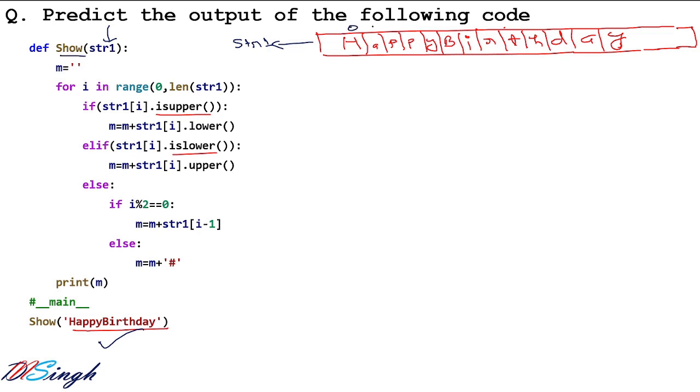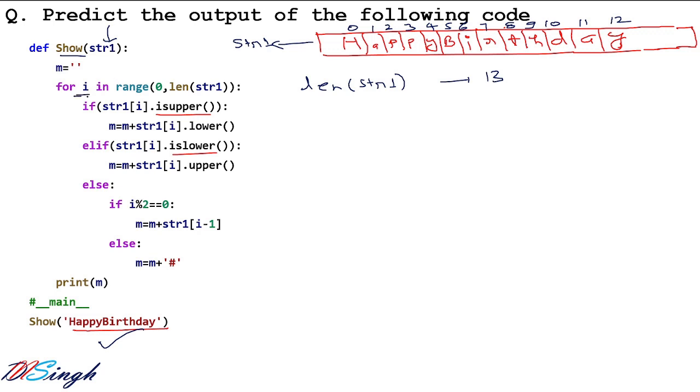The indexes will be 0 1 2 3 4 5 6 7 8 9 10 11 12. So what is the length of this str1? Length of str1 will be 13, because length will always be one more than the last forward index.